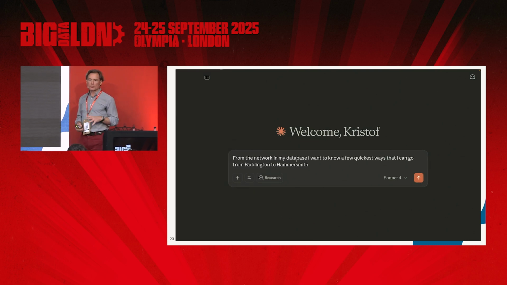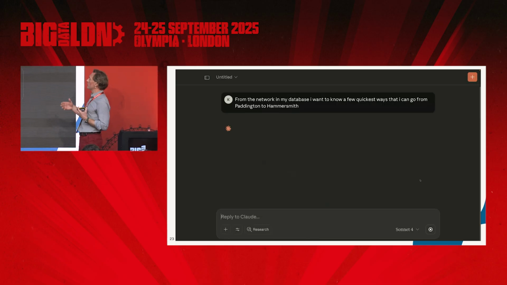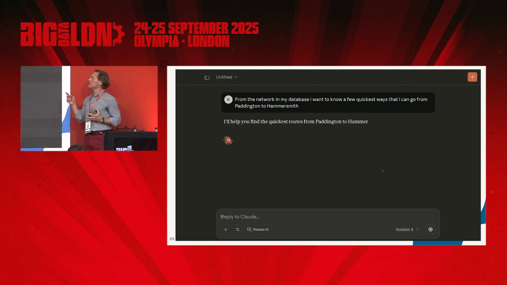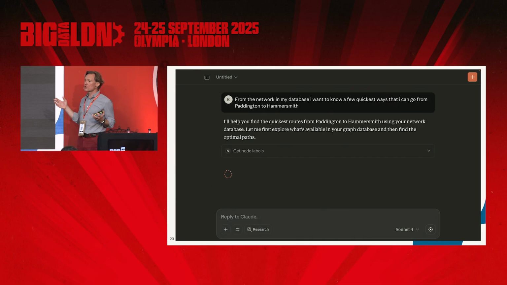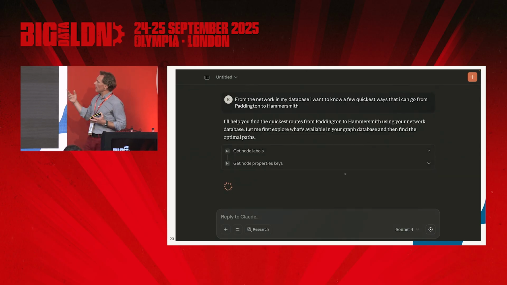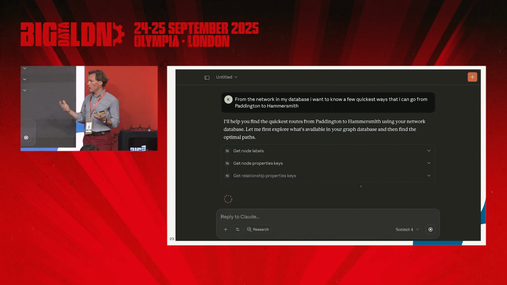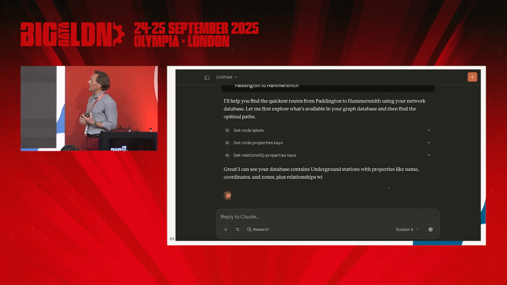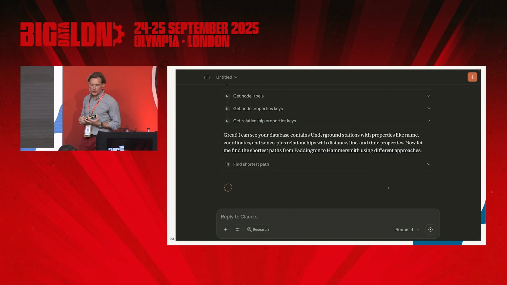Let's start with a very basic and easy question: how can I get from Paddington to Hammersmith around the corner, or vice versa? It realizes that quickest ways means it needs to find the shortest path. First, it collects some information from my database: the nodes, the relationships, all kinds of properties. Then it says, okay, now I need to run a shortest path.